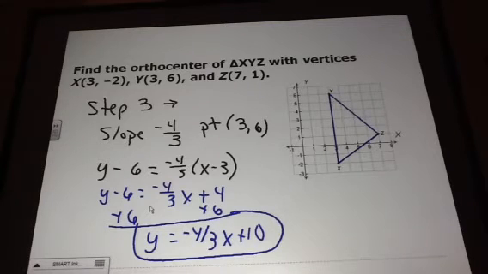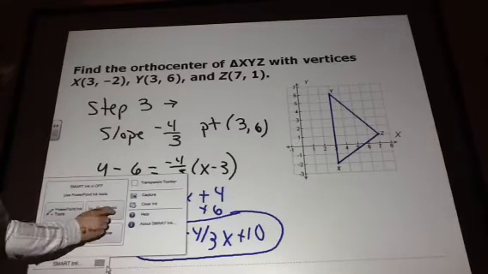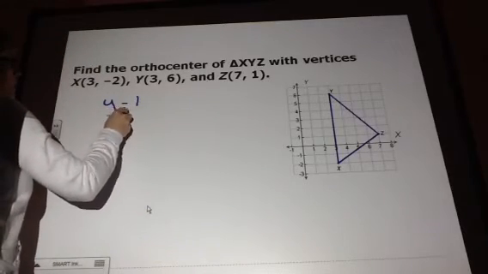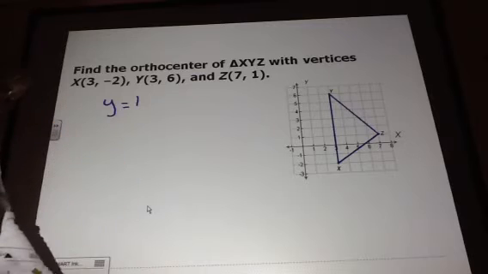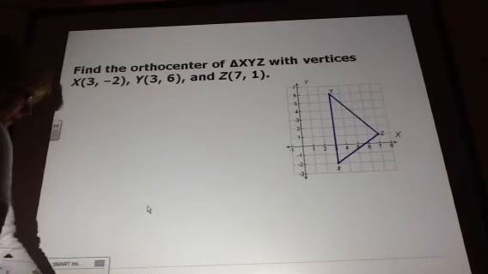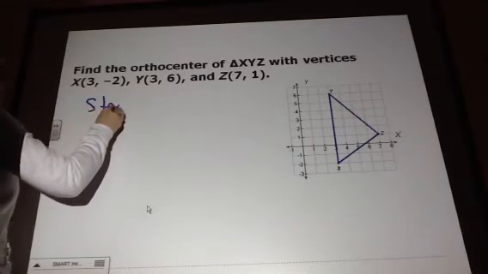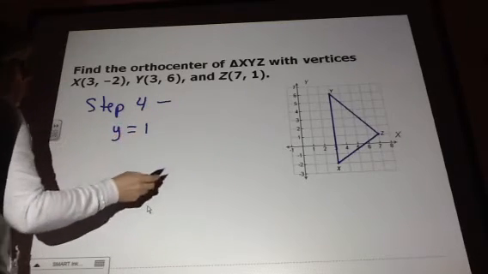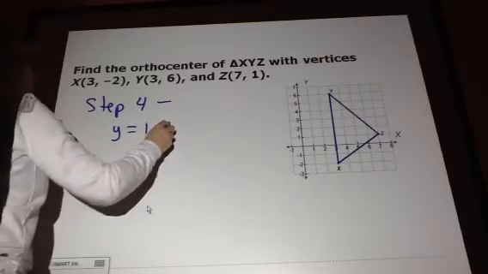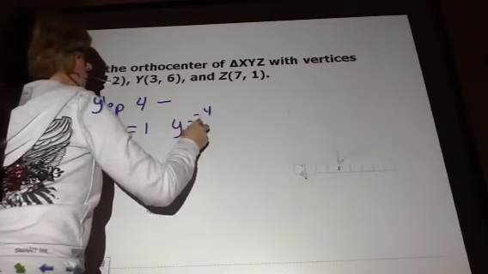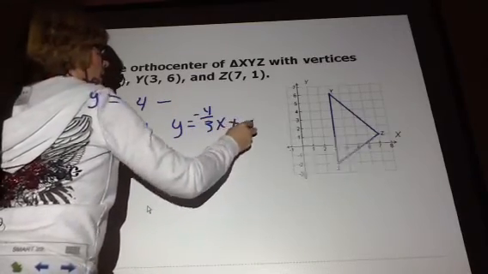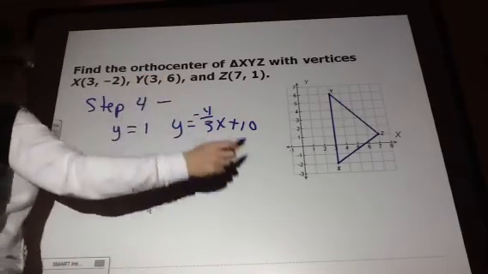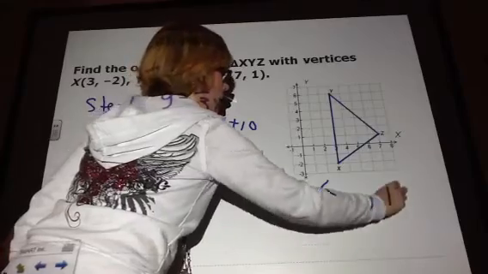Okay, class, so what we have here is y equals 1. This is our last step, step 4. We have y equals 1, and we have this equation, y equals -4/3 x plus 10. We're trying to find our orthocenter here. So we've got our y coordinate.